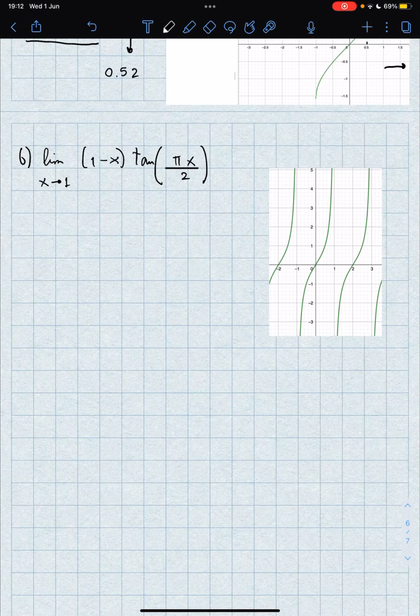Okay, guys, so this is the third problem, the B one. So we have to analyze what we're having here. If I plug 1 into here, I'm going to have 0, right? And here, what am I going to have in the tangent?